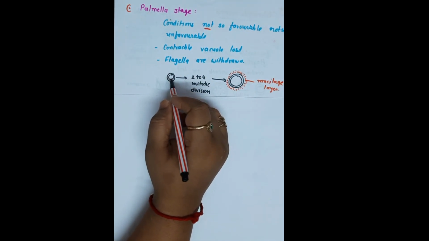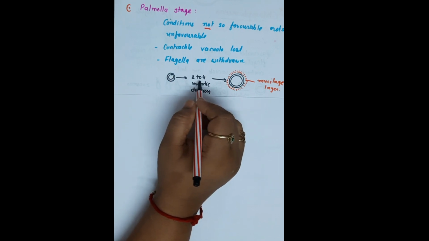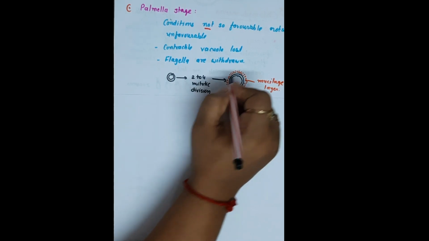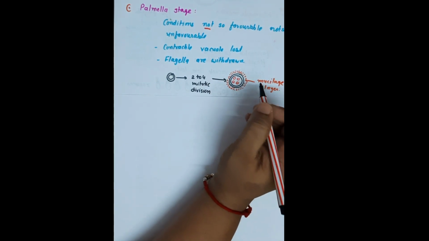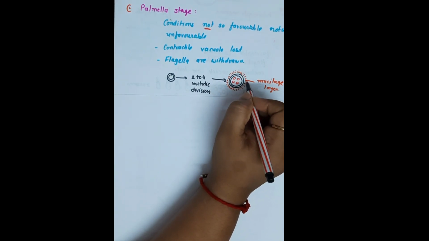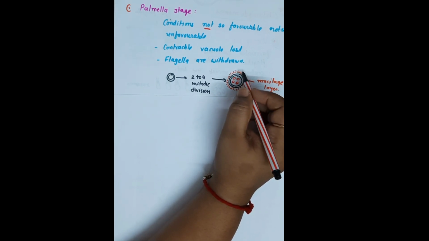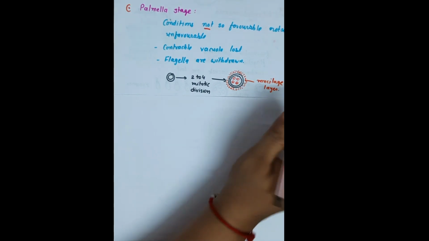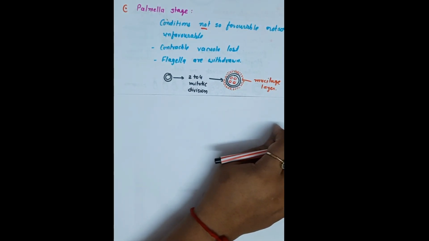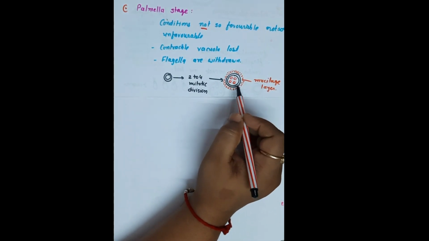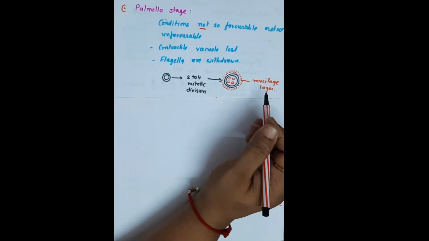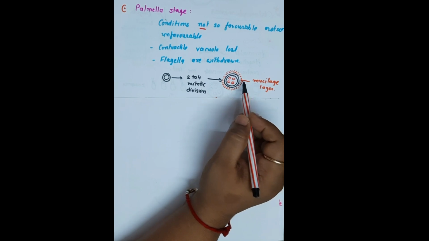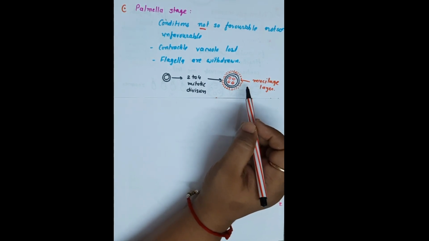So the cell becomes spherical or round in shape, 2 to 4 mitotic divisions and spore-like structures. And when they are surrounded by a mucilage layer, then it is known as the Palmella stage. Right? There is a layer of mucilage. Okay, so that is the Palmella stage.